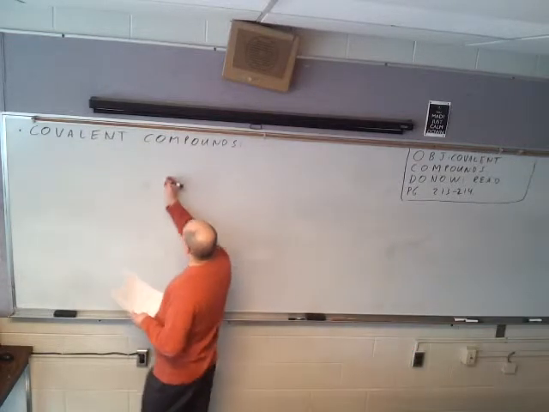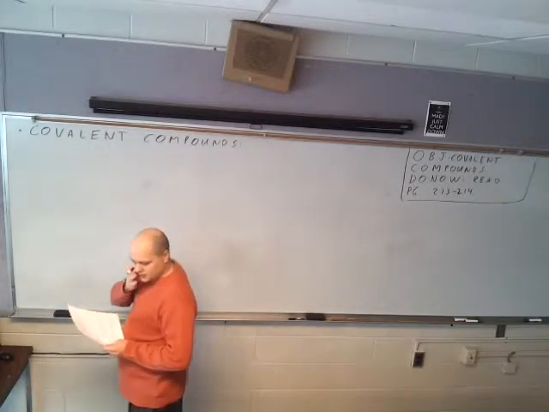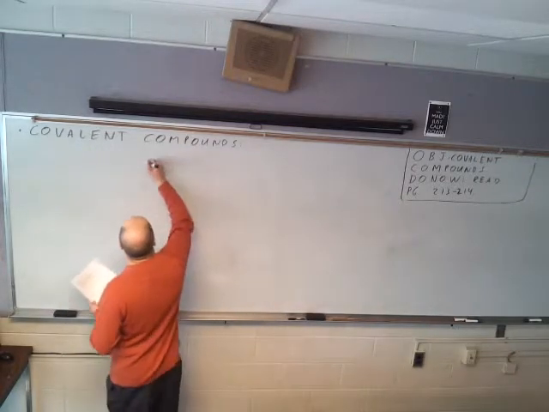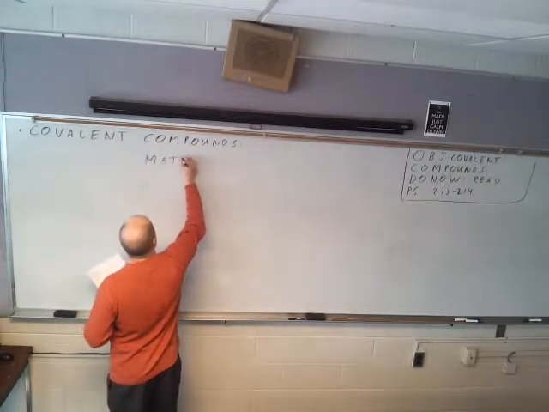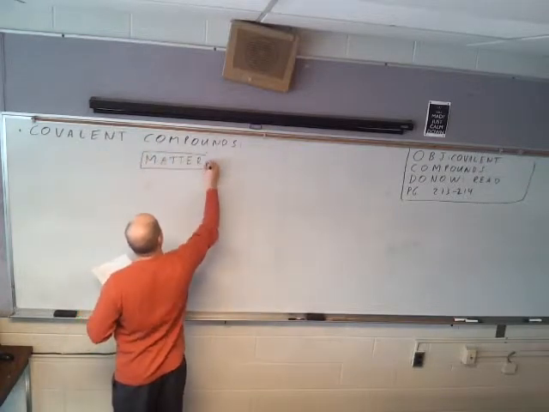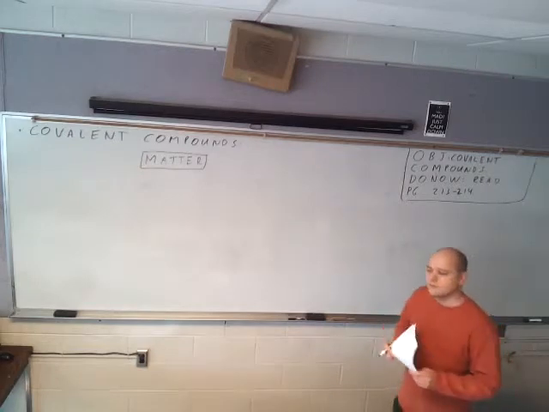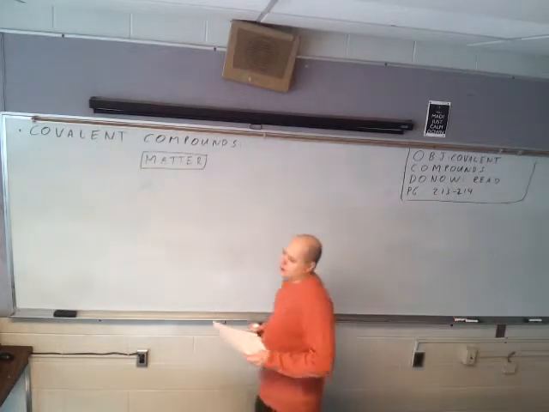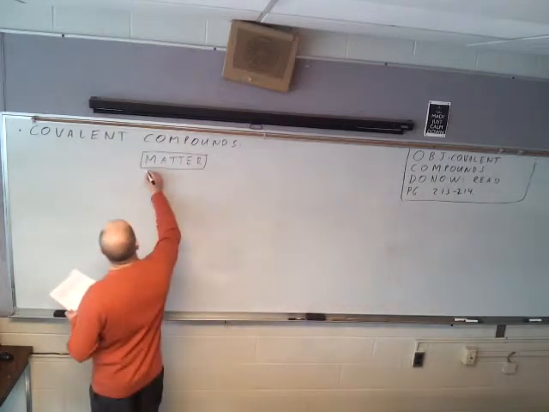Alright, covalent compounds. So let's start by making a little flow chart with matter in the center. Did it already make that? Yes. Just go back to that one or make a new one? No. Don't do that. Do this one. And you should remember matter is broken up into 2 categories.